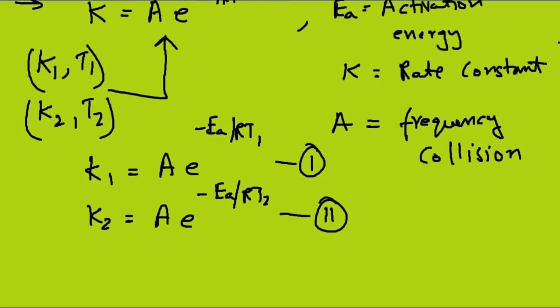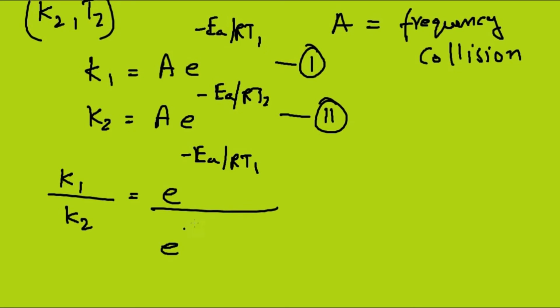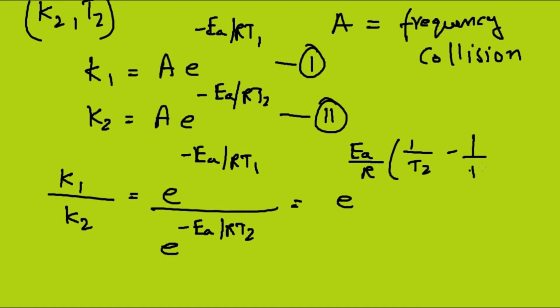So I will divide 1 and 2. If I divide them, I get K1 by K2 equals e to the power minus Ea by R T1 divided by e to the power minus Ea by R T2. So this becomes e to the power Ea by R, taking this common, times 1 by T2 minus 1 by T1.